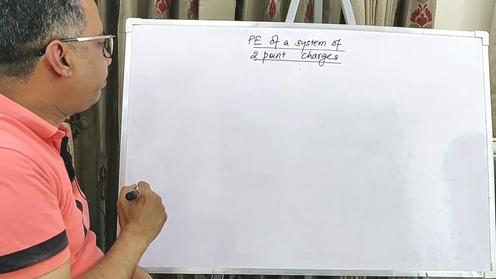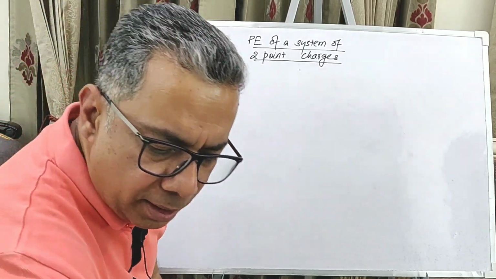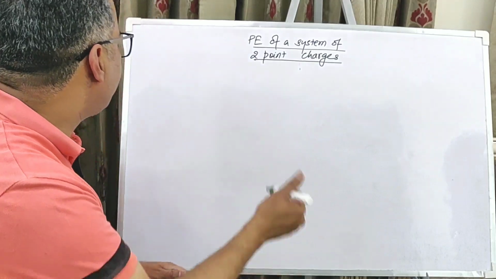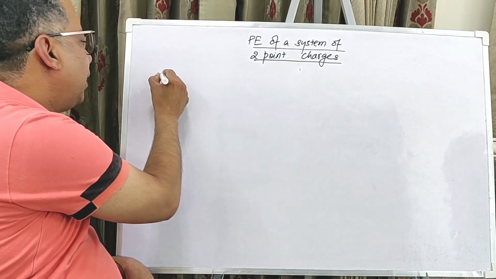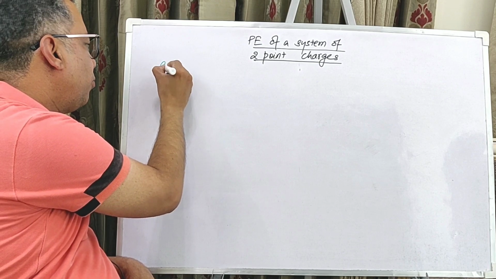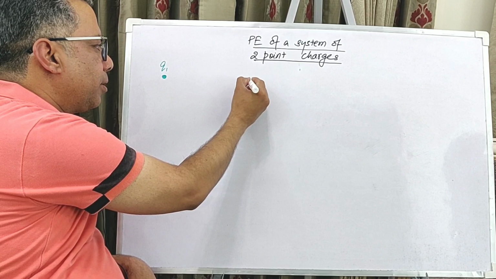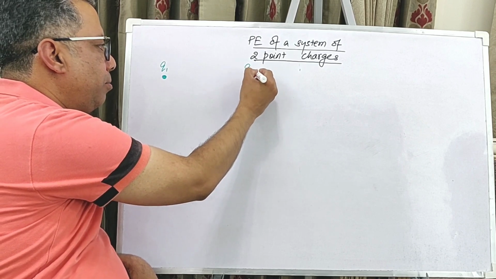Now let's imagine that we have a system of 2-point charges, Q1 and Q2, placed at a small distance from each other, let's say R. This is Q1 and the second charge is Q2.